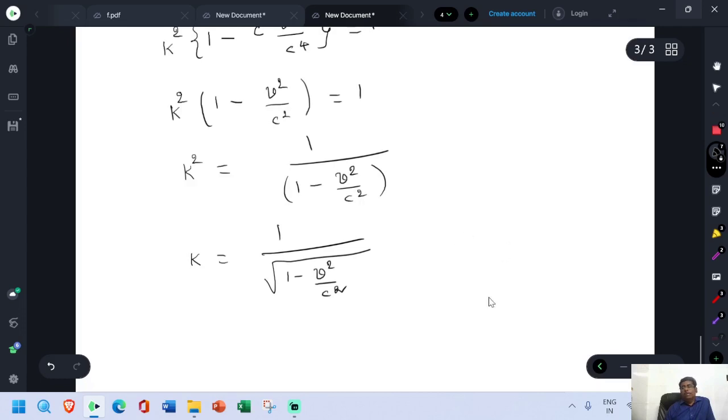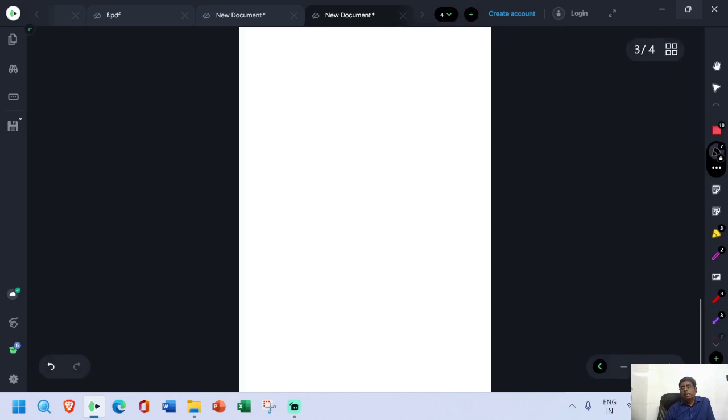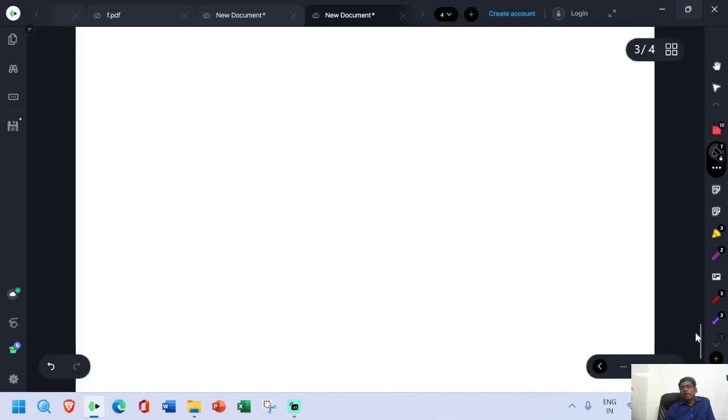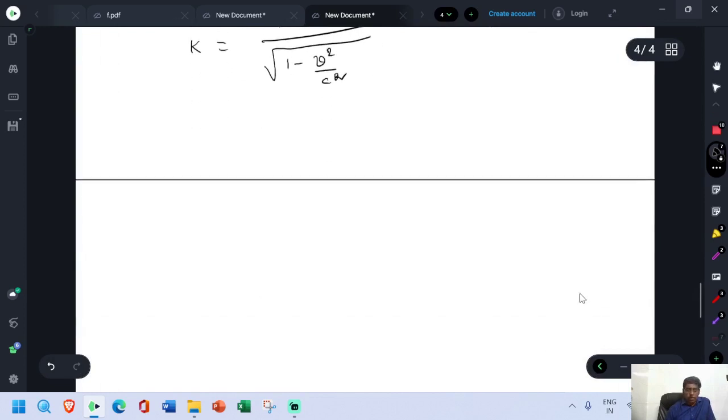Now we may write a equal to k equal to 1 divided by root of 1 minus v square by c square.